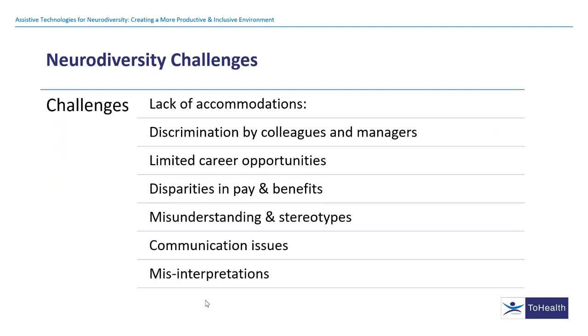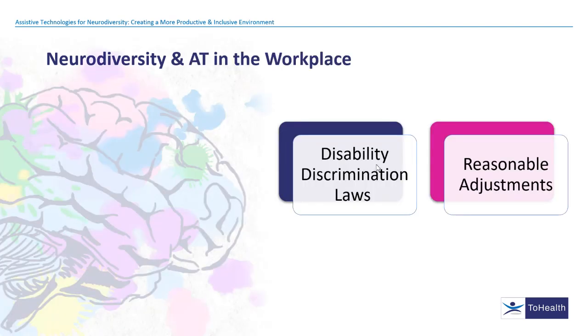Okay, so another thing that we can think about, in being aware of accommodations and reasonable adjustments that can be made by employers to support the neurodiverse, is the legal considerations such as the disability discrimination laws. These laws provide protection against discrimination based on a person's disability, including in the workplace.